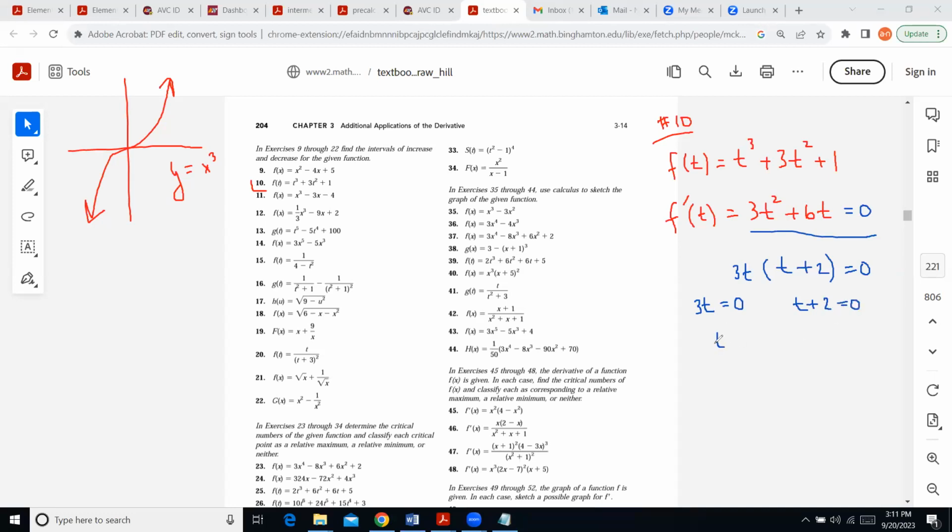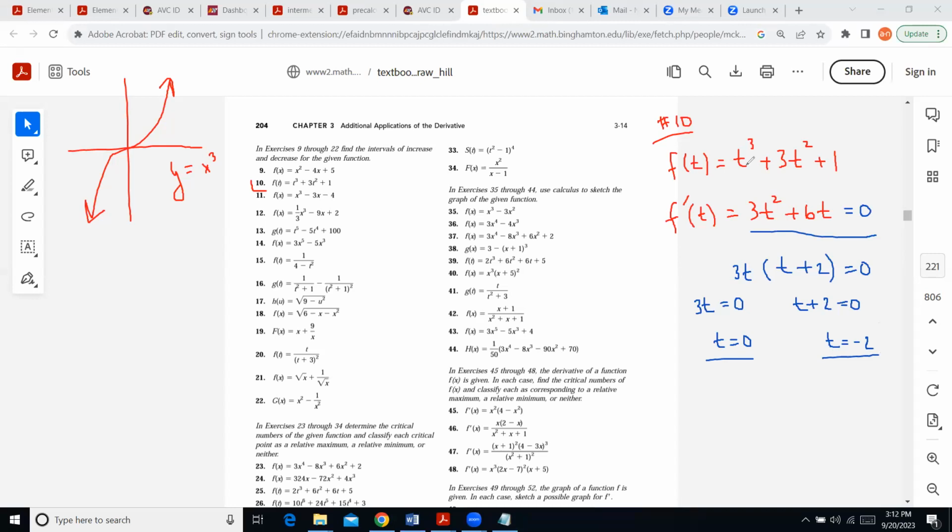So from the first, I get t equal to 0. And from the second, I get t equals negative 2. So this way, I got 2 special points that should enable me to actually graph this function.